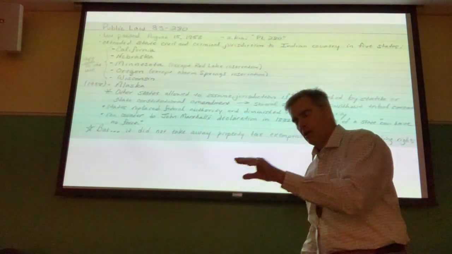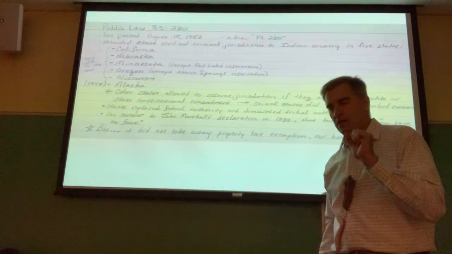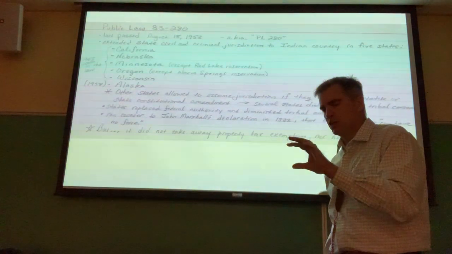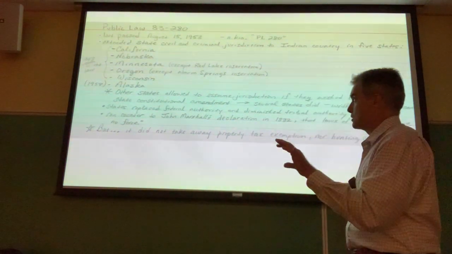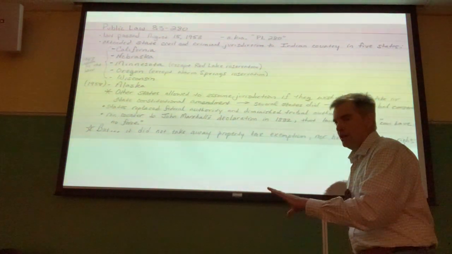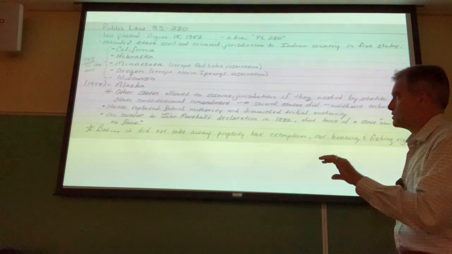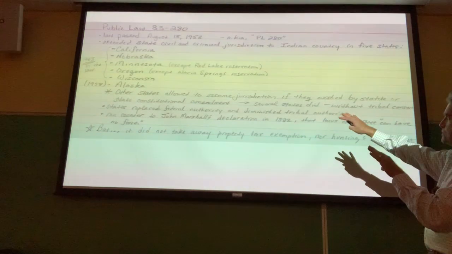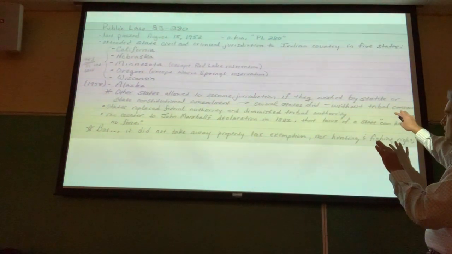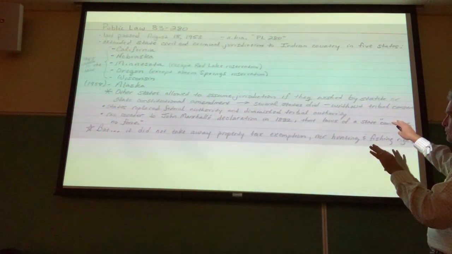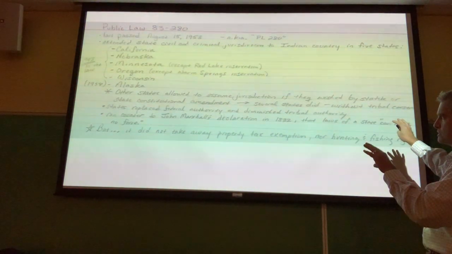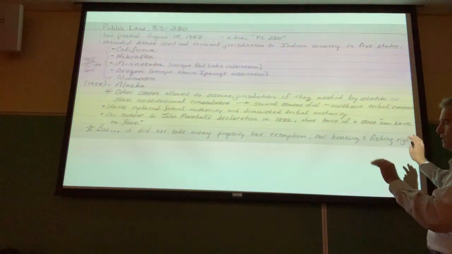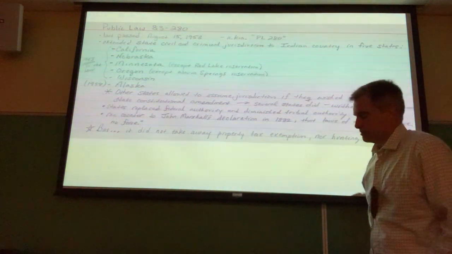It gave civil and criminal jurisdiction over Indian country within certain states to those states. So it allowed those states to assume jurisdiction over the Indian reservations and Indian country within their boundaries.